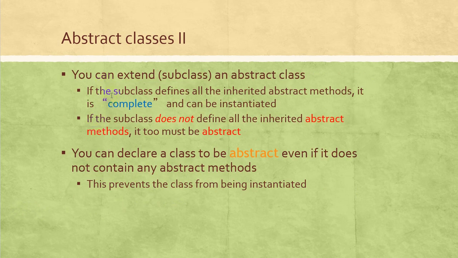A few rules for the abstract classes: you can extend an abstract class. So abstract classes can be extended. Extend is the keyword. You already know. Later on, we'll be discussing interfaces. Interfaces and abstract classes have a similar kind of functionality, but the way to use them is different, because abstract classes are always extended, whereas interfaces are implemented.